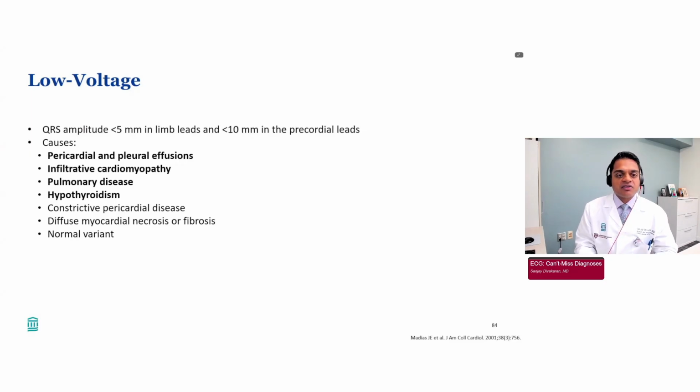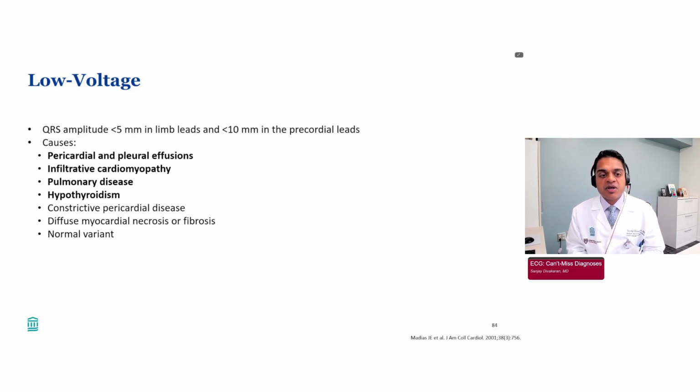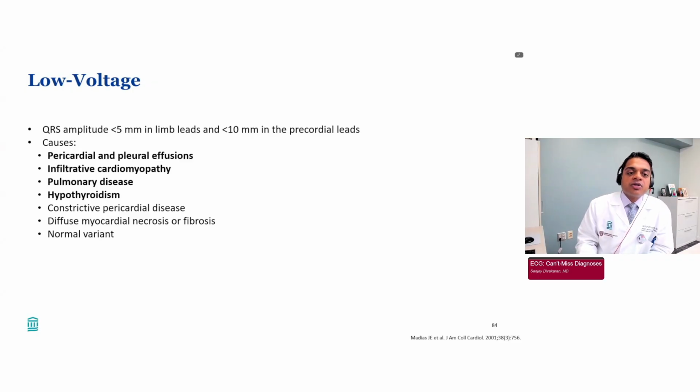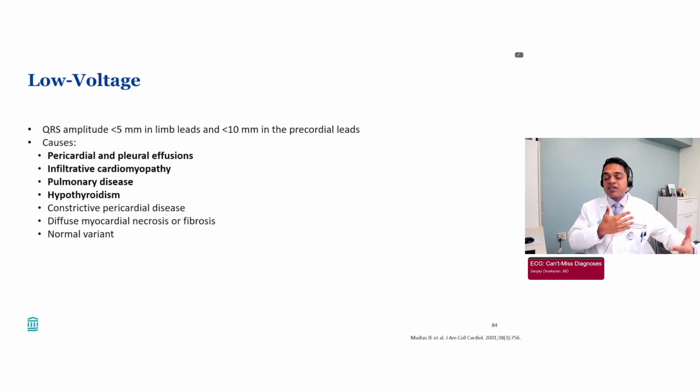And so what are the causes of low voltage? In this case, this patient had a pericardial effusion. But the way I think about low voltage is that there are non-electrical conducting things between the ECG leads and the patient's electrical system or the myocardium. So often we think about fluid, but patients with significant pulmonary disease and obstructive lung disease have a lot of air between the ECG leads and the myocardium.